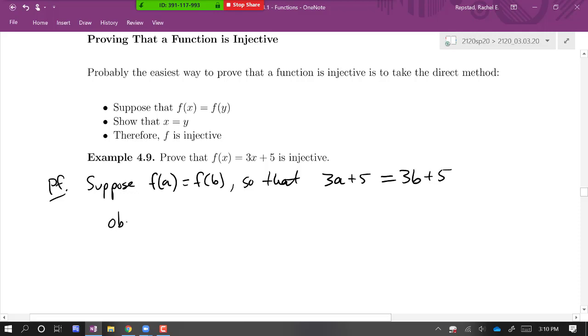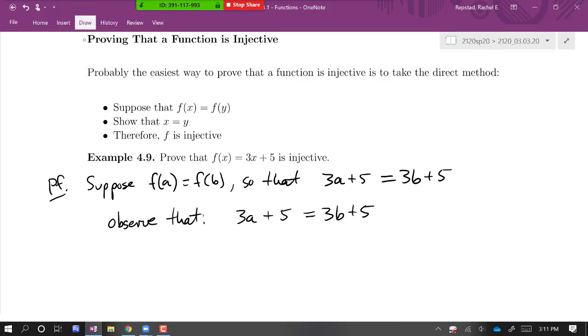Now let's observe. We can do some algebra. All right, we'll subtract 5 from both sides. As I'm doing the algebra, I am being on the lookout to make sure that there's no funny business, that I'm not assuming something that I'm not allowed to assume.